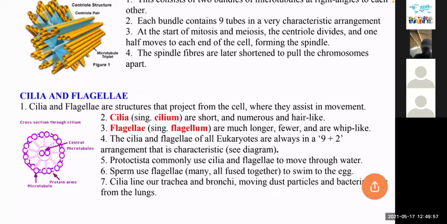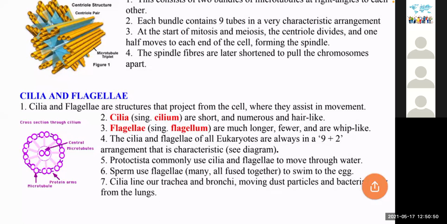They've even shown the diagram here, the cross-section through a cilium. Central microtubules there, protein arms. If you remember what they're showing us here, in the cell membrane, where we were discussing the movement of proteins, the movement of materials in and out of the cell, and how the membrane is helped to open and close for the movement of materials in and out.